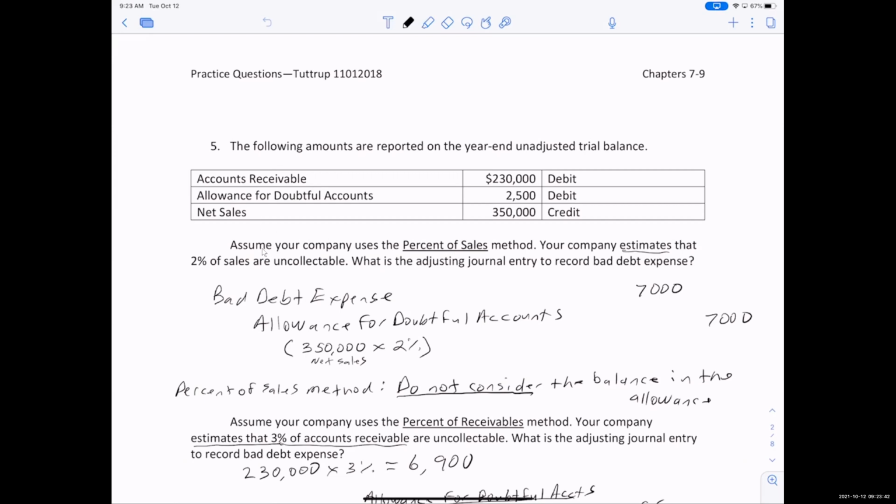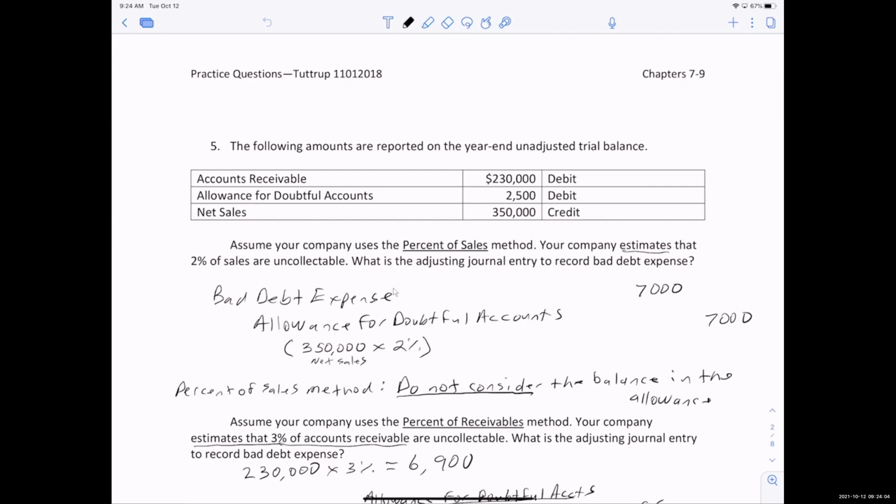Okay, let's read what I say here. Assume your company uses the percent of sales method. Your company estimates that 2% of sales are uncollectible. What is the adjusting entry to record bad debt expense?